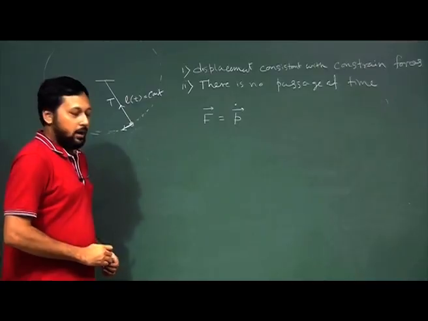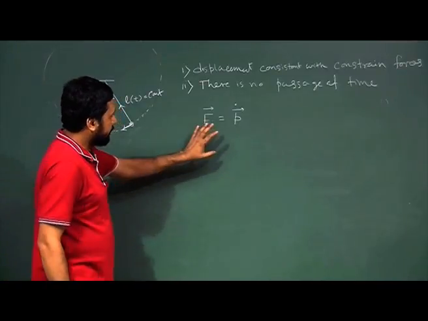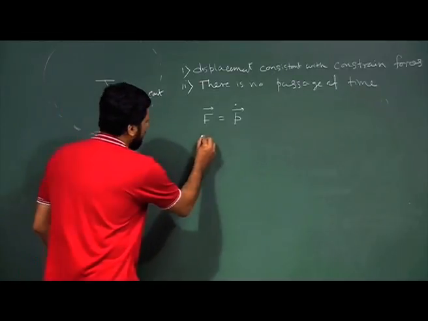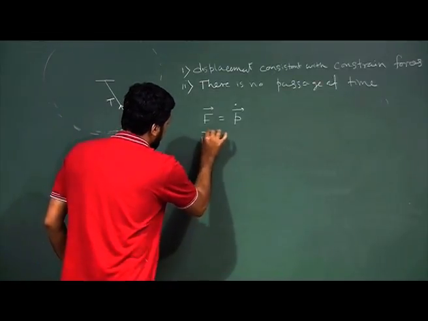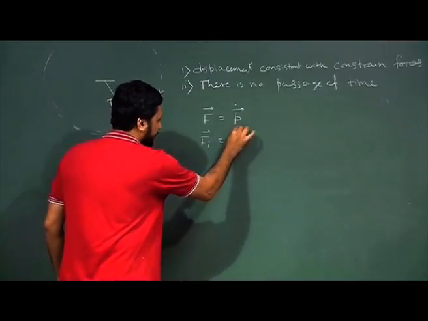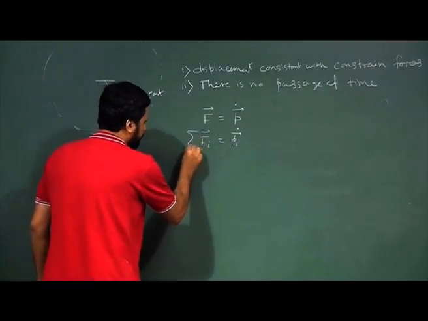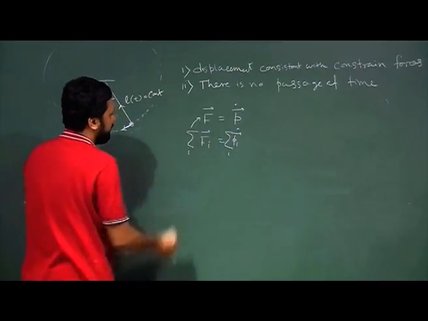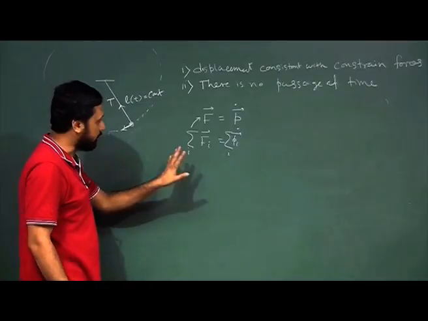This is for a whole system. I can break it down into the system of particle formalism. For each particle, we can write p_i dot. This is also valid. We can also put a sum on both sides, which is just another way of writing this equation.